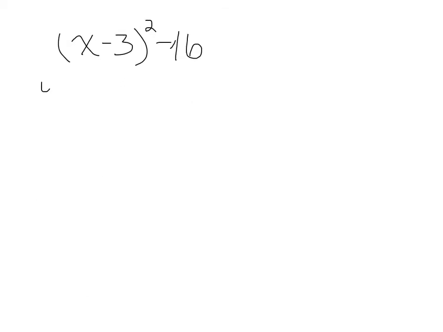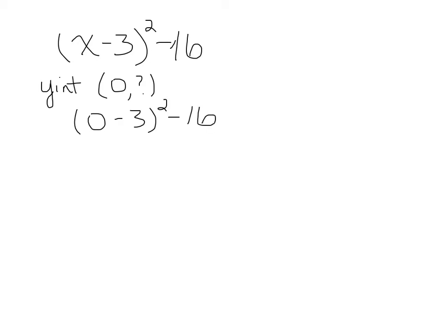All right, the last thing we want to find is the y-intercept. The y-intercept is where x is equal to 0. So we put 0 in for x. This time we are simplifying, so we will do the order of operations. You want to do the stuff in parentheses first. 0 minus 3 is negative 3.